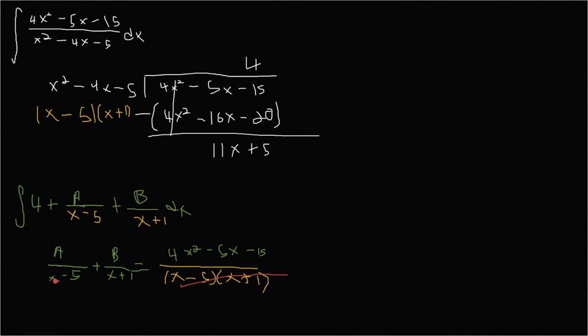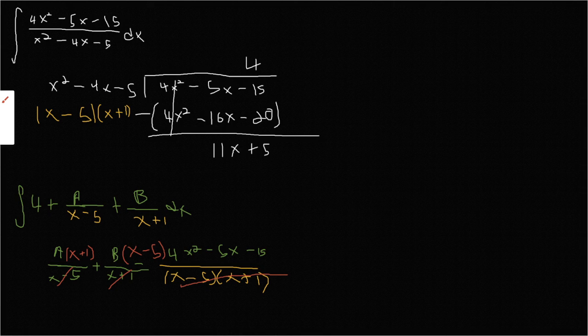And then we're going to have a times, when you multiply this by both of these terms, the x minus 5's will cancel on the a term. And so we now have x plus 1, and then b times x minus 5. And so we want these values to be 0.